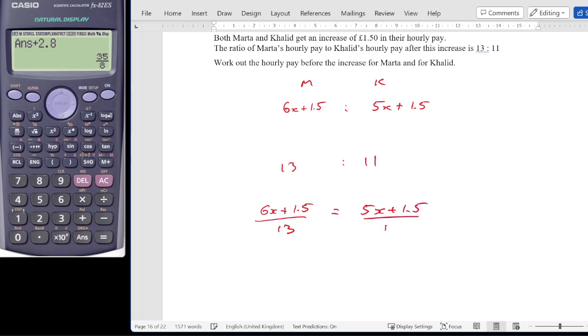So I could say that 6x plus 1.5 over 13 would be equal to 5x plus 1.5 over 11. And then if I cross multiply, no, I don't think that's right. Let me just change that. Those ratios, what I'm going to say is 6x plus 1.5 over 5x plus 1.5 is equal to 13 over 11.